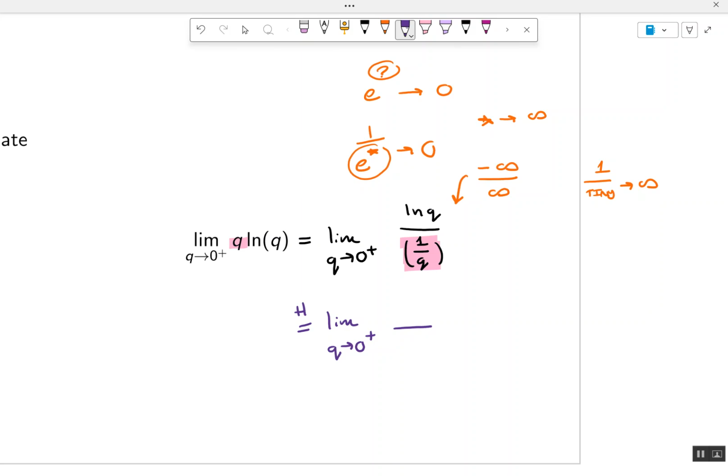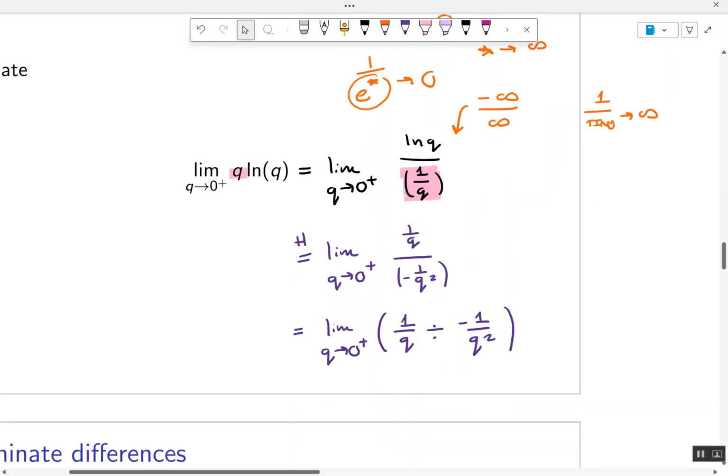On the top, the derivative is 1 over q. On the bottom, the derivative is negative 1 over q squared. So I have 1 over q divided by negative 1 over q squared.